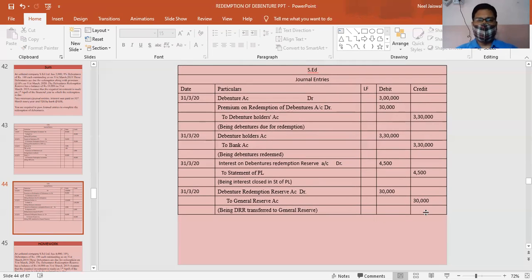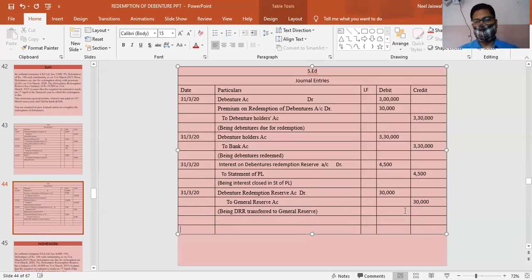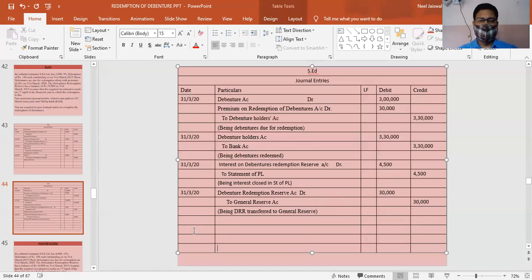If we would have passed the entry on debenture interest, then what would have been the entry? That entry would have been interest on debentures. It was made 9%.